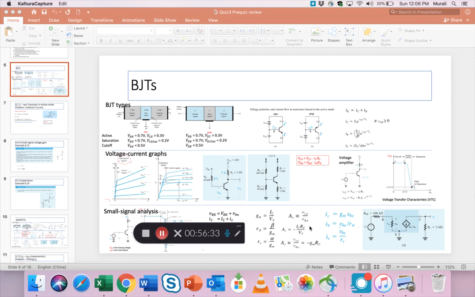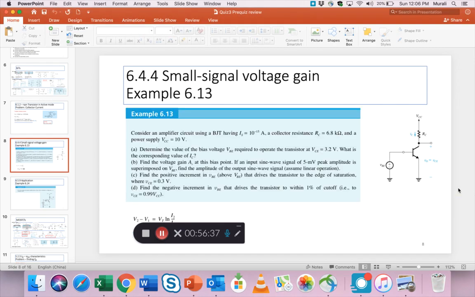This numerator ICRC is nothing but this, right, ICRC. To get that, you can take the difference between that and divide by the resistance, and you will get the current. But the product of these two is this voltage.